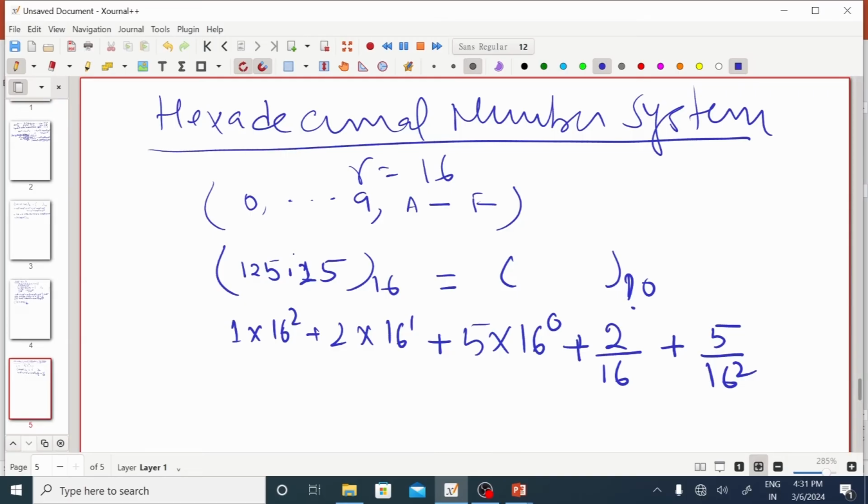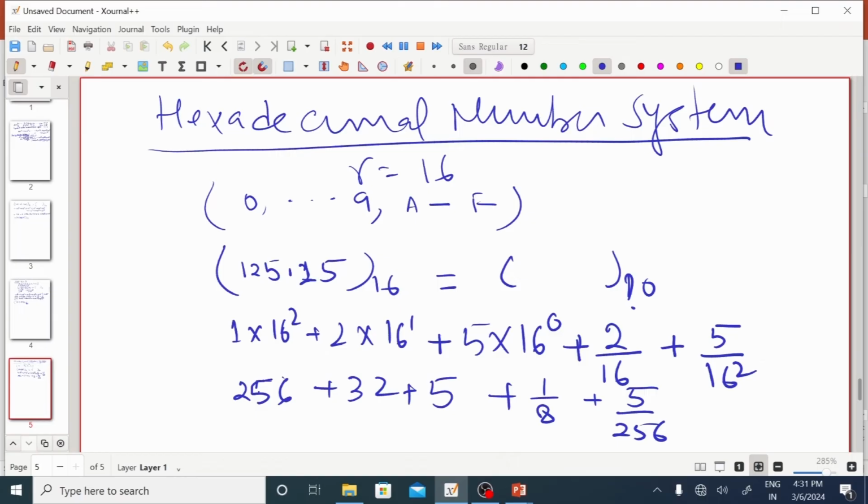So this is exactly what is here: 1 multiplied by 16 squared means 256, plus 32, plus 5, plus 2 divided by 16 means 1 divided by 8, plus 5 divided by 256.